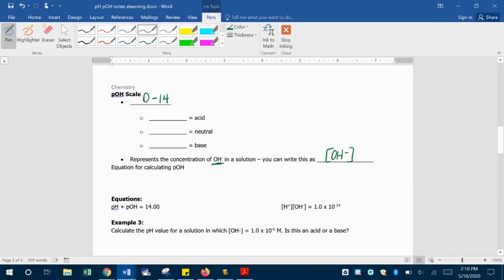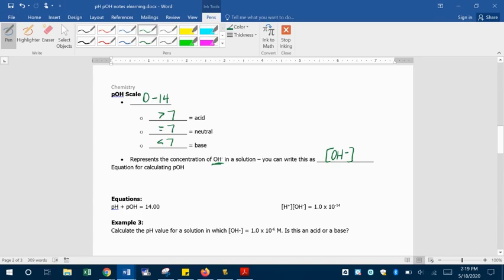Now, why I say it's the opposite is because on the pH scale, if we have an acid, it's when the pH is less than 7. But on the pOH scale, it's when we have a pOH of greater than 7 that it's an acid. So therefore, that means that if our pOH is less than 7, it's a base. And what's the same on both scales is that neutral is when it's exactly 7.